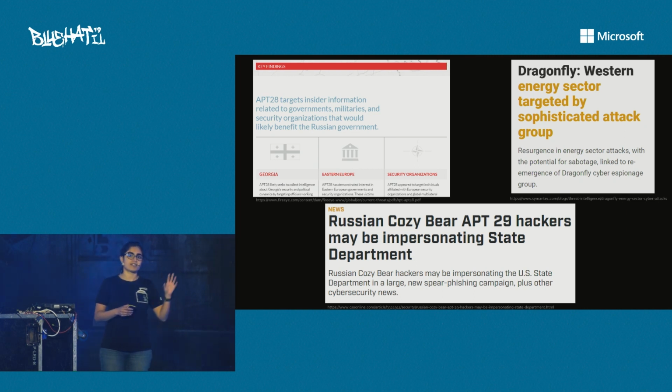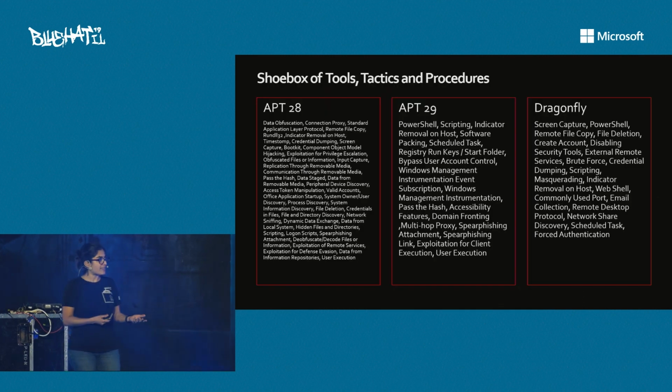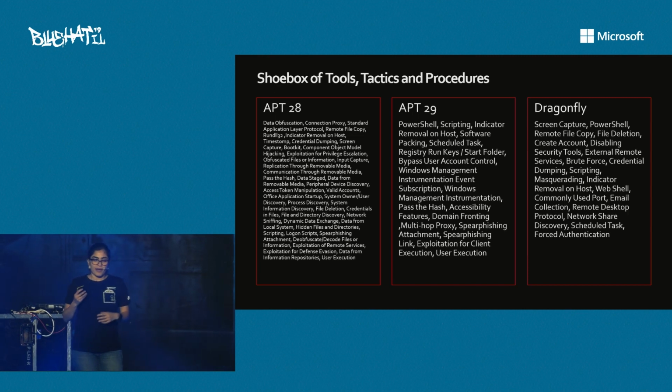Dragonfly is focused more on cyber espionage. 28 and 29 have more political targets, with 28 focusing more on Eastern European governments, and 29 more on Western political institutions. So you read up all of this information about them, and then maybe you create a shoebox of TTPs, which is, okay, this particular APT uses spear phishing, and then they drop obfuscated PowerShell to put their malware implant, so on and so forth.